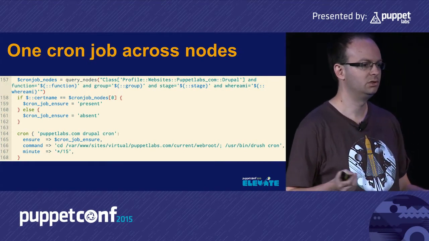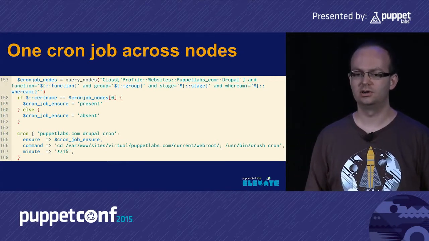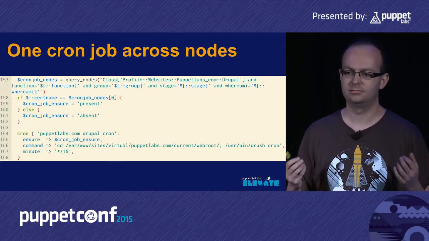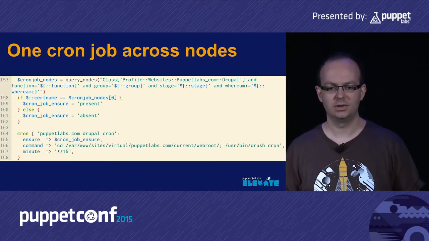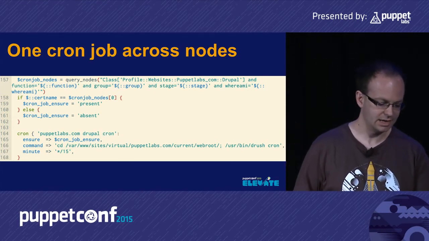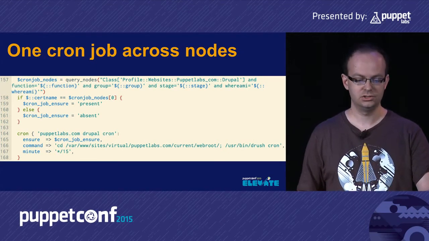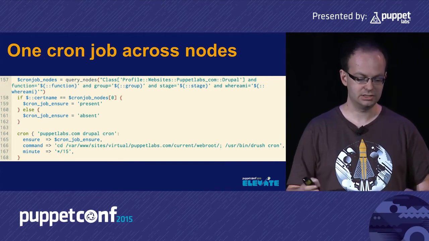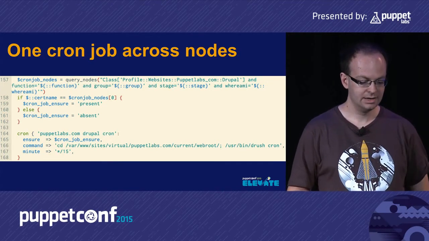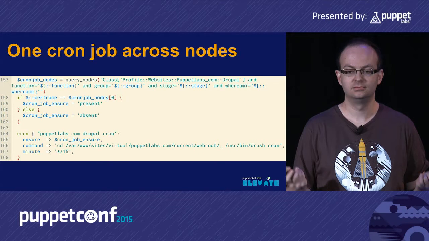Our Drupal stuff needs a cron job to run, and it only needs to run on one web node. That's kind of annoying to puppetize. So I'm doing kind of a dumb hack here where we're querying for all the nodes that are classified to run Drupal in the same stage, et cetera. And the first one on the list wins.